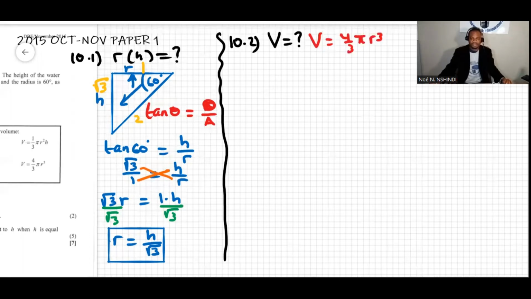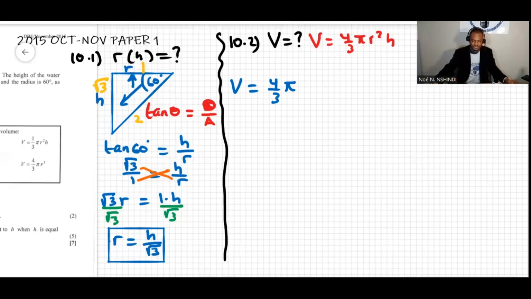Now, for the derivative of the volume, we differentiate with respect to h. So let's first express the v in terms of h also. So v equal to 4/3 pi, oops, it's pi r squared h.